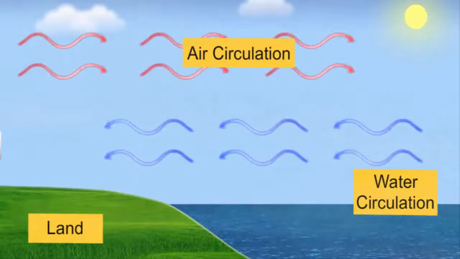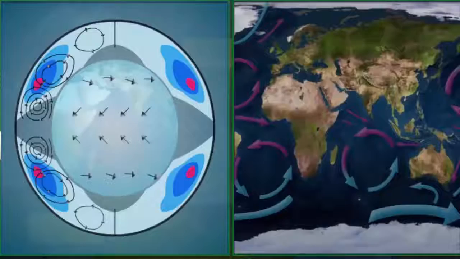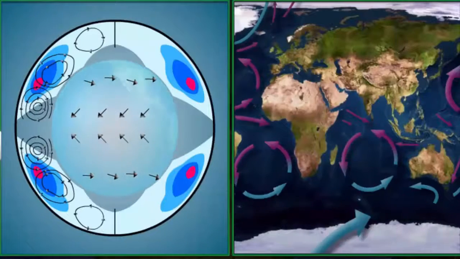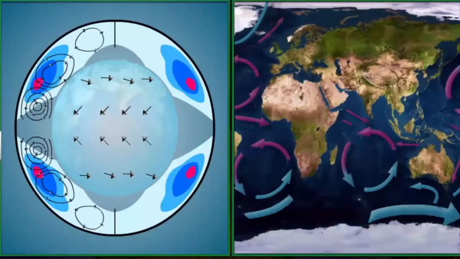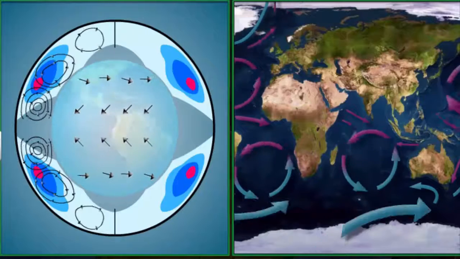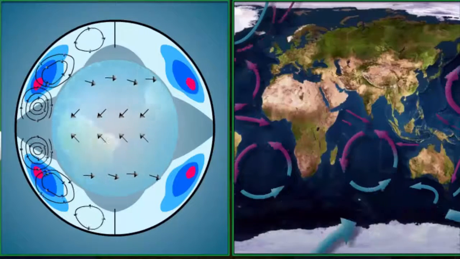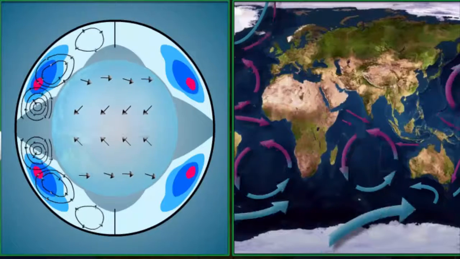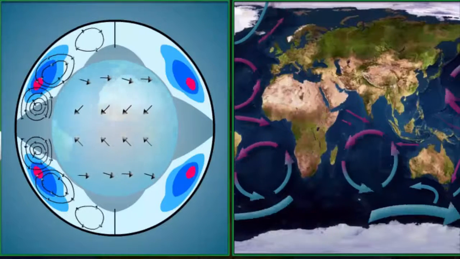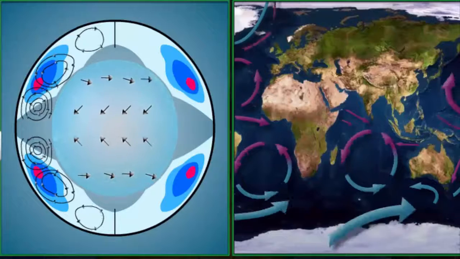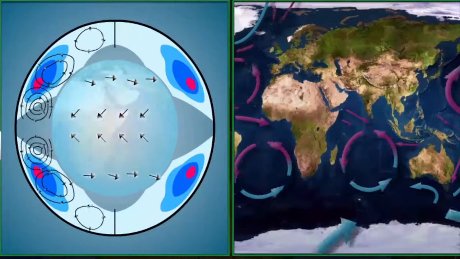Another important control of climate is the circulation of water and air. The air in the atmosphere and the water in the oceans are in constant motion. These two motions distribute heat around the world in regular patterns.